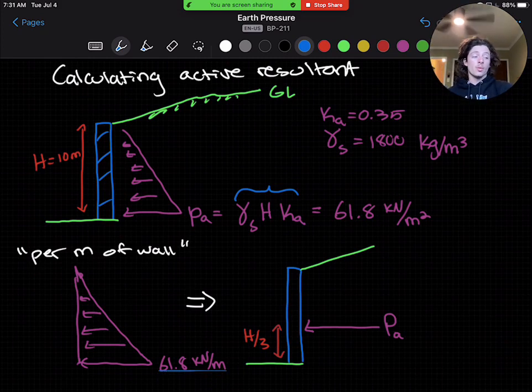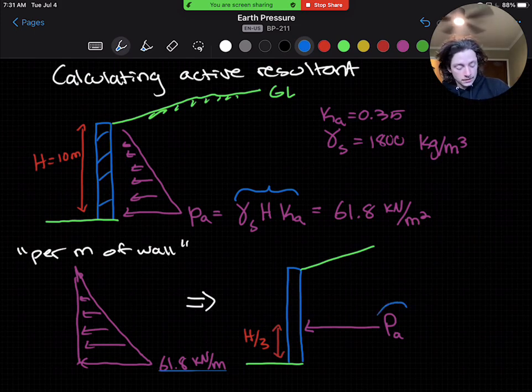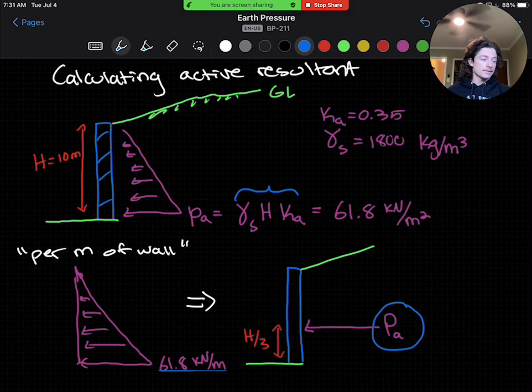And we can then take it one step further to find the active resultant, which is our capital P, or capital PA. And that's going to act at h over 3, or 1/3, up from the base of the wall. And why is that? That is because, like I mentioned before, it acts at the centroid of the triangle, which in the vertical direction is just 1/3 of its height.